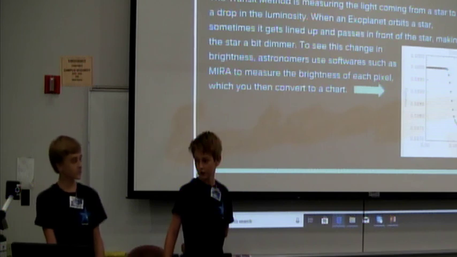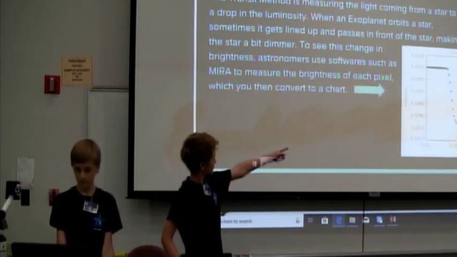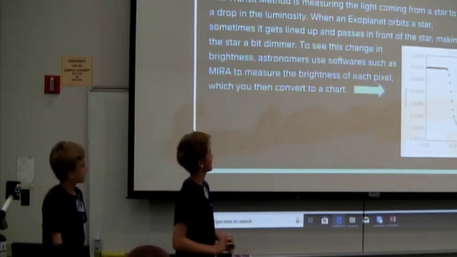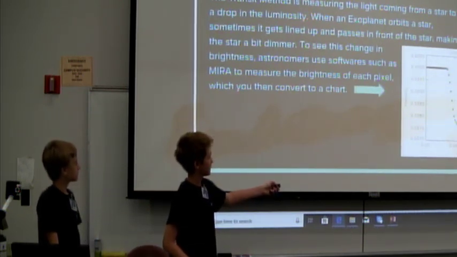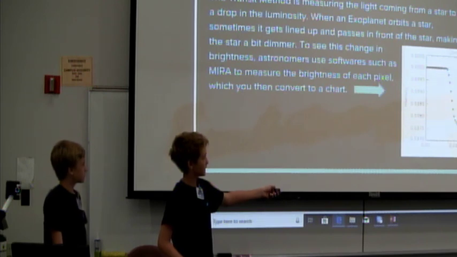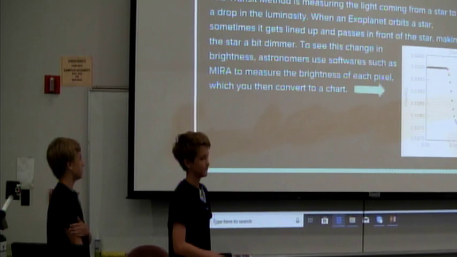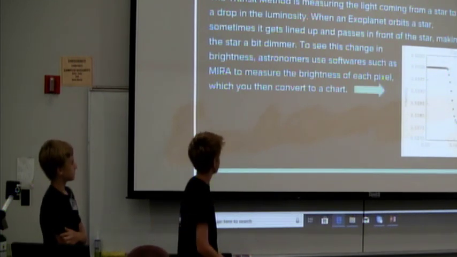We create a chart or graph such as the one right there, where this little oval or indent is when the exoplanet passes in front of the star.